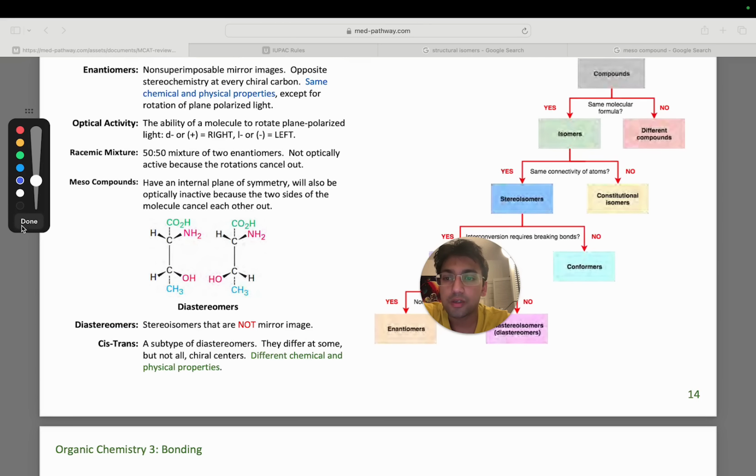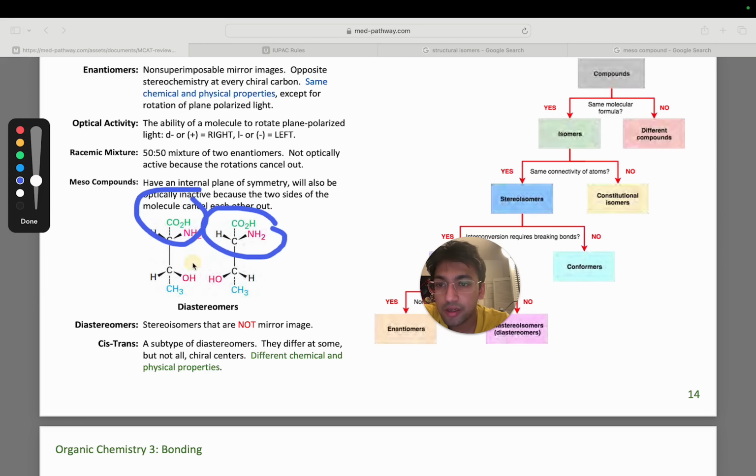Okay, so this is an example of a diastereoisomer. In this case, this is going out of the page, this is going into the page, and this is going out of the page, right? And it's the same as this. So these two are the same.